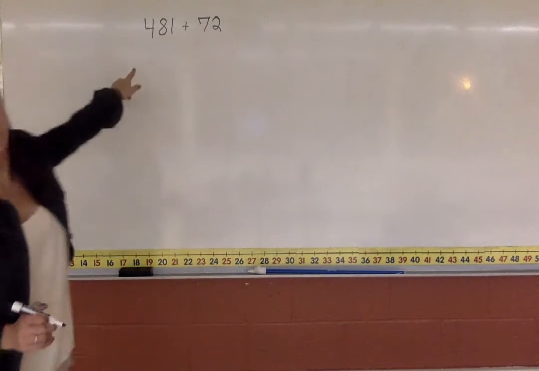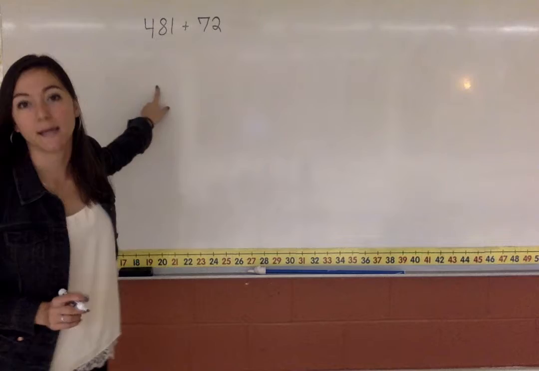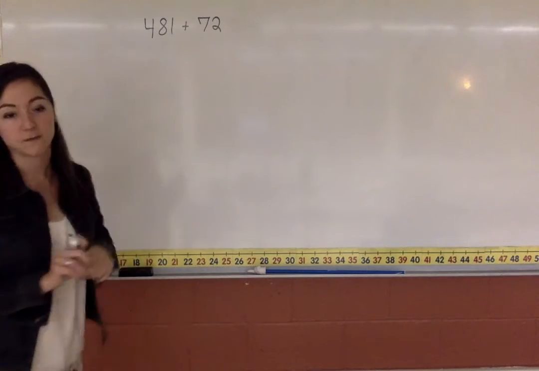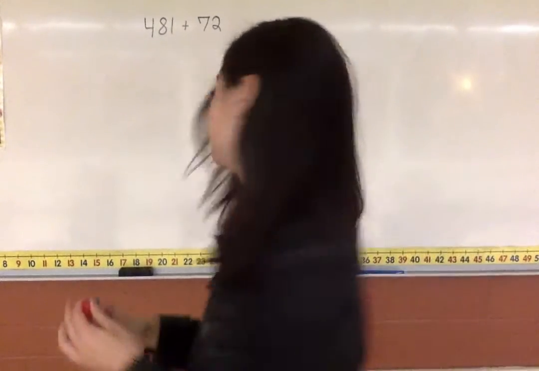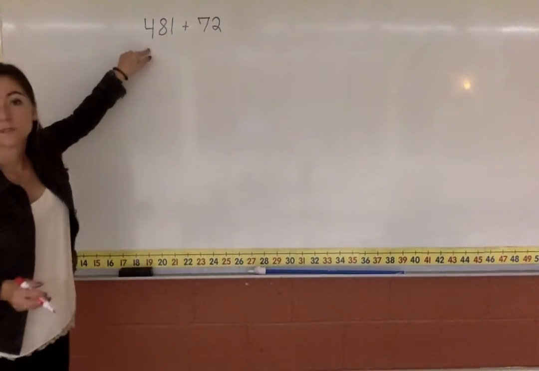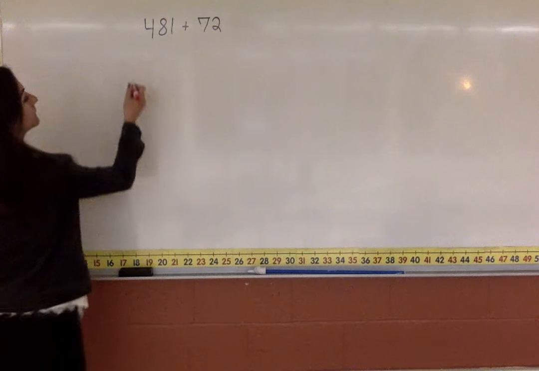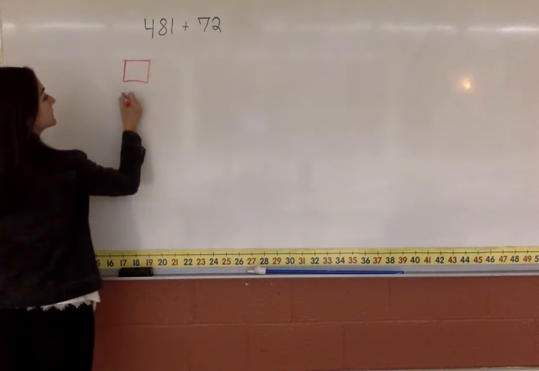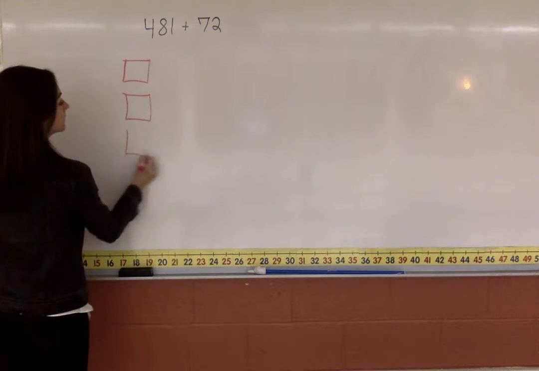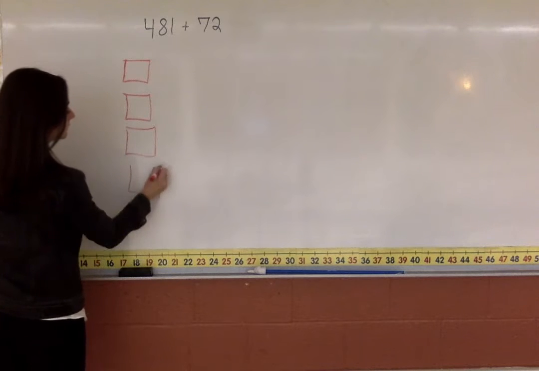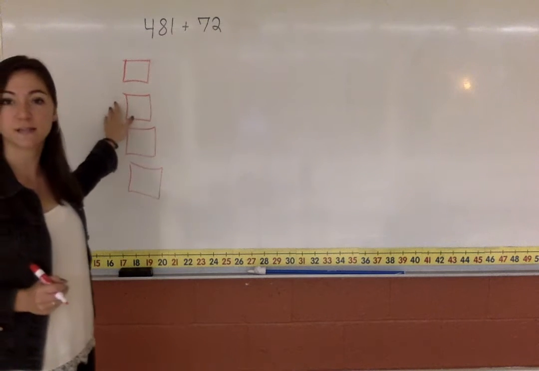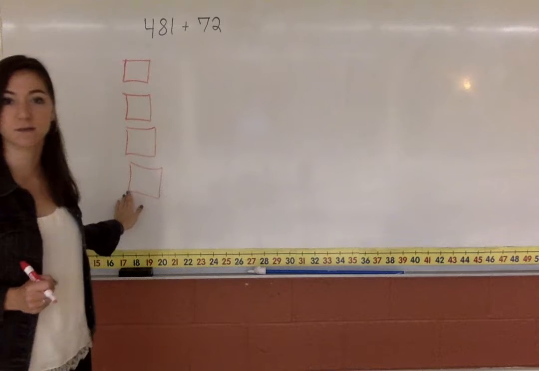So I'm going to go ahead and build 481. Let me use a different color. All right. So I have 4 in the hundreds place, so I have 4 hundreds. One of these squares represents 100, so I have 4 hundreds all together.